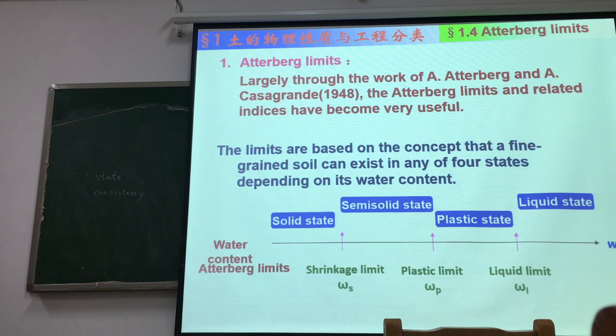Okay. When cohesive soil is in a semi-solid state, the volume of the soil will remain the same. It means that although the water content decreases, the volume can't change.